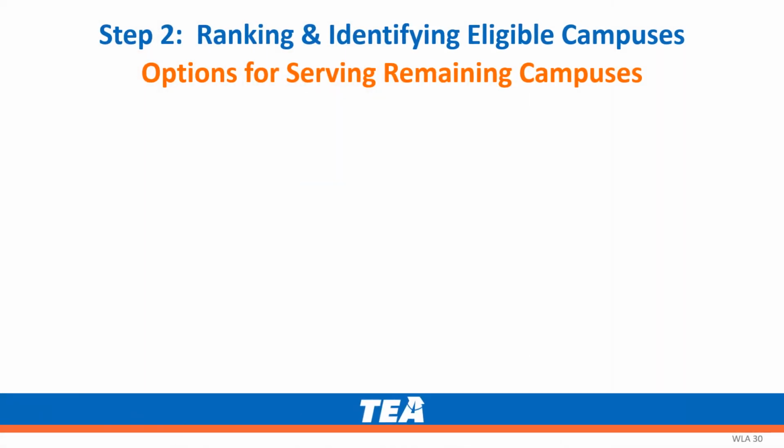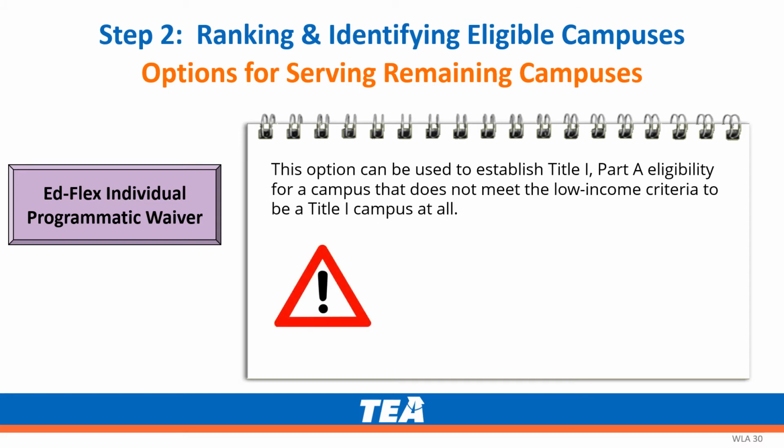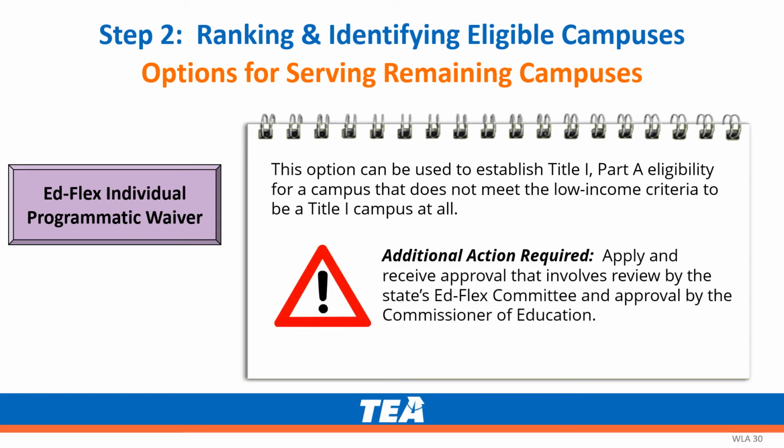The next option for serving remaining campuses is the EdFlex individual programmatic waiver option. This option can be used to establish Title I Part A eligibility for a campus that does not meet the low-income criteria to be a Title I campus at all. Please note that utilizing this option involves multiple steps.